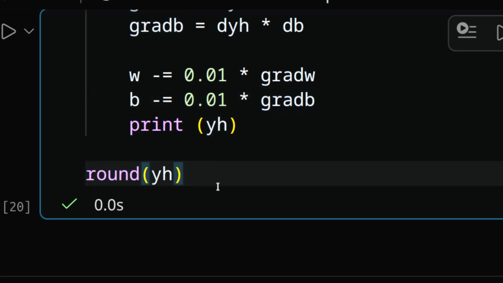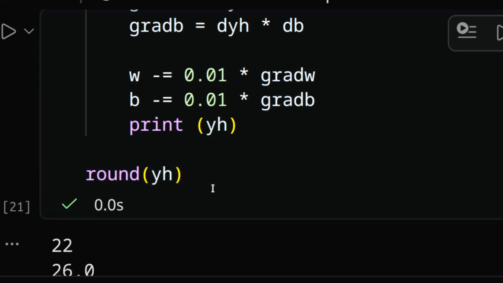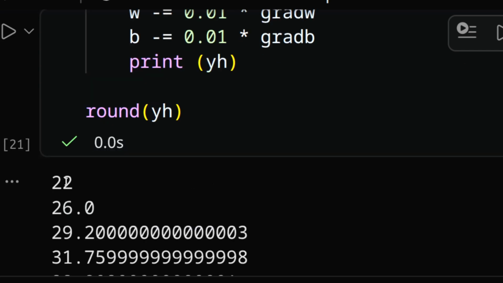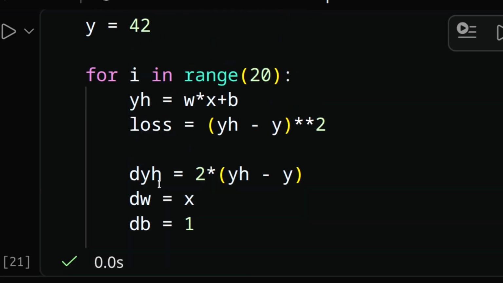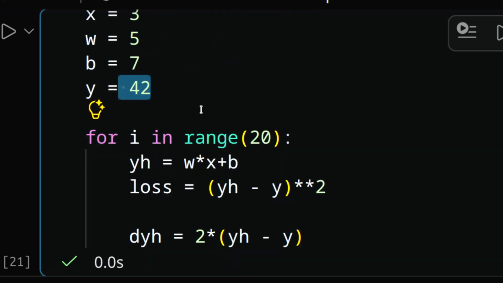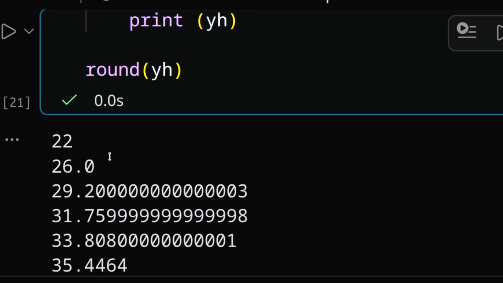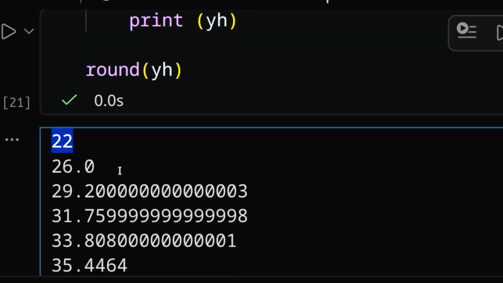So if I run it, Control Enter, and go down here, it initially predicts 22. Remember, the answer to all of this is 42. So it prints out 22.